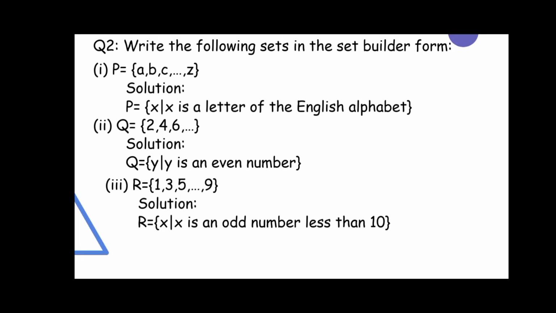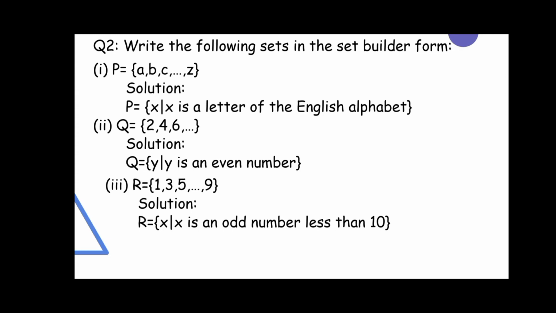I have chosen X and then the symbol such that, and then X is a letter of the English alphabet, curly bracket close. This set will be read as P is the set of all X such that X is a letter of the English alphabet. That's it.